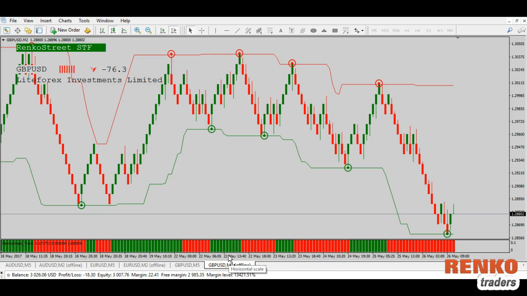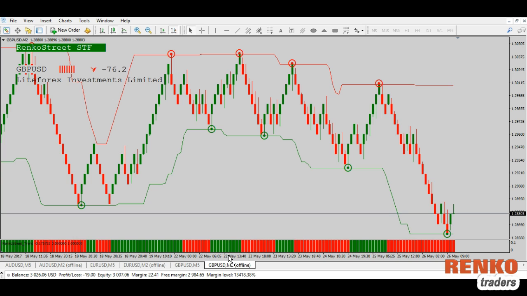So this basically summarizes the Renkostreet trading system. I would give it a 50-50 with some benefit of the doubt. Maybe there is potential in this trading system, maybe there isn't. The only way to figure this out is to backtest, do a visual backtest of the trading system.